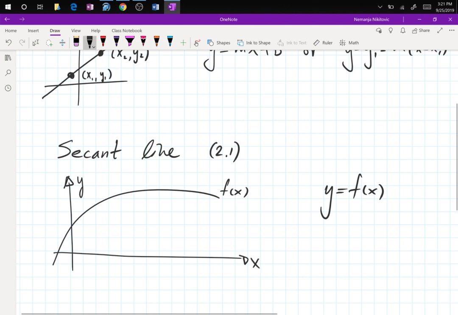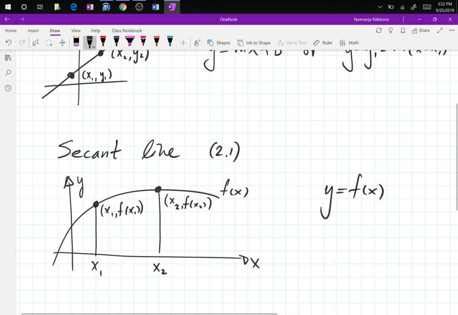And then you can have 2 points somewhere on this curve. The first one, let's say, is at x1, and the second one at x2. Now these points would be x2 and f of x2. Those are your x and y. And then x1 and f of x1.